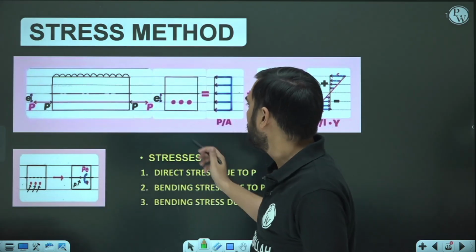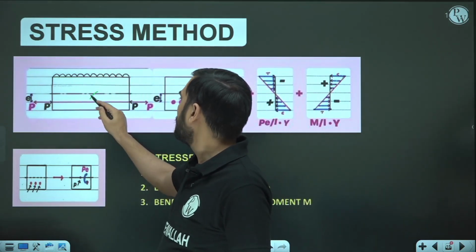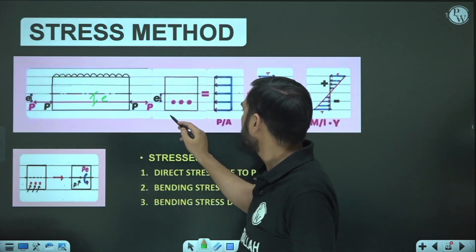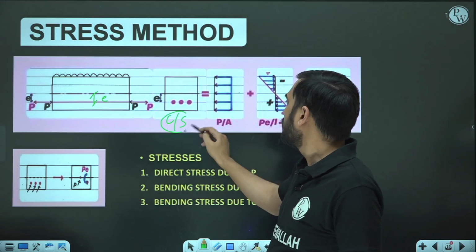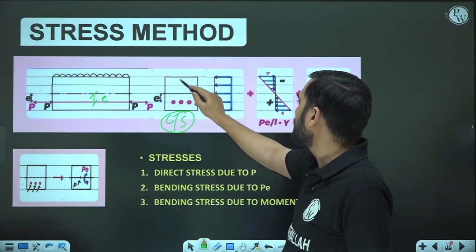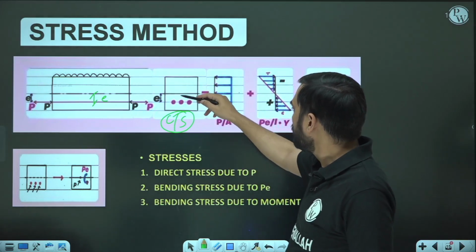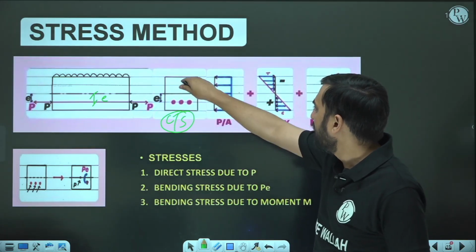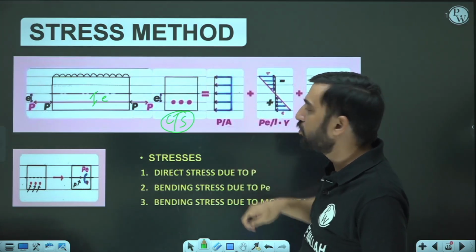For example, if this is my pre-stressed concrete and it is loaded at some eccentricity e, this is the cross section here. This cross section is going to experience a constant force P by A, which is acting uniformly throughout, and due to this eccentricity, the lower portion is going to compress more and the upper portion will try to come in tension.